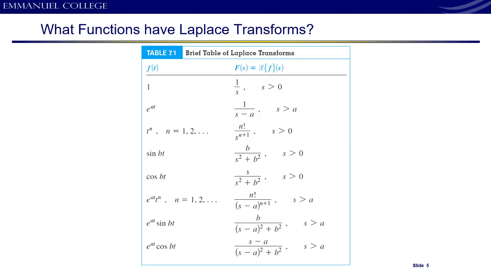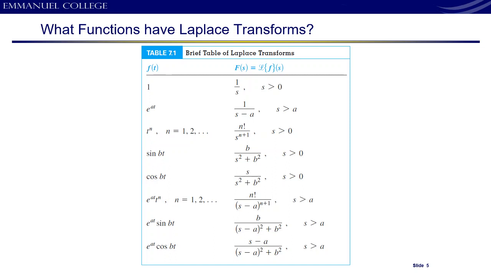So here's a general table. Sorry. Here's a general table of kind of your basic and most useful Laplace transforms. So notice the difference between sine and cosine. Cosine had s in the numerator. Sine has b in the numerator.